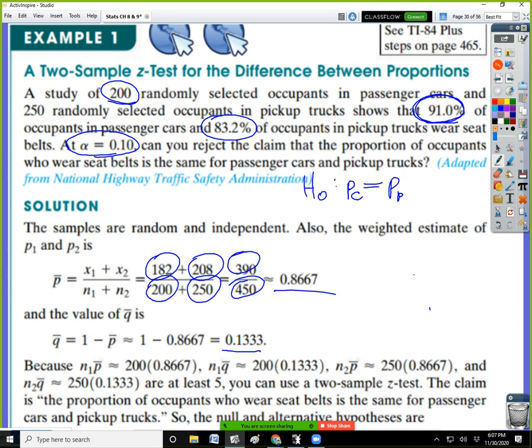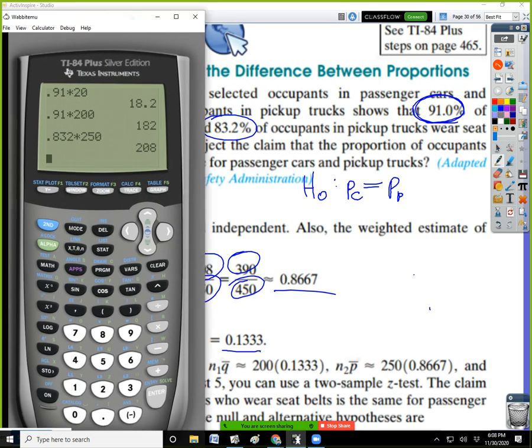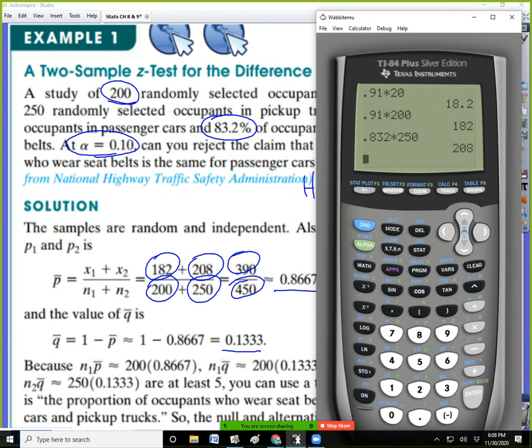So now we got to check all of our stuff. We check N1 times P bar. So 200 people were chosen, 0.8667. And 200 people, 0.1333, then 250 people at 0.867, and 250 at 0.133. So 200 times 0.86 is obviously way more than 5. 200 times your 0.13 is way over 5.